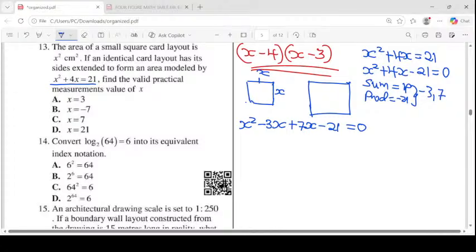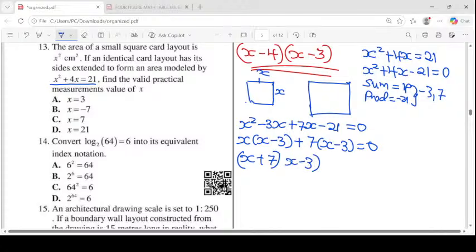Then you factor out after pairing. So this will be x into x minus 3 plus 7 into x minus 3 is equal to 0. So we are going to have x plus 7 times x minus 3 is equivalent to 0.